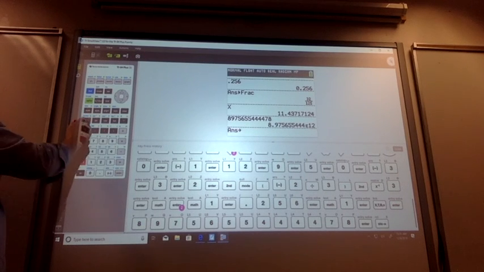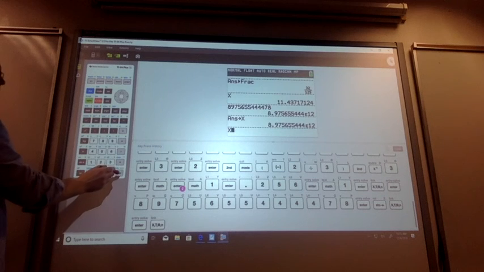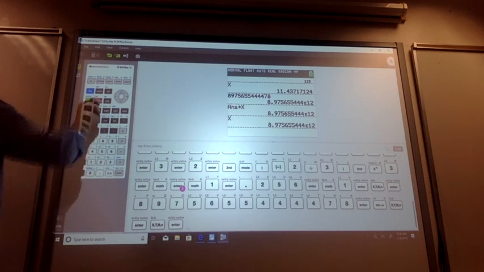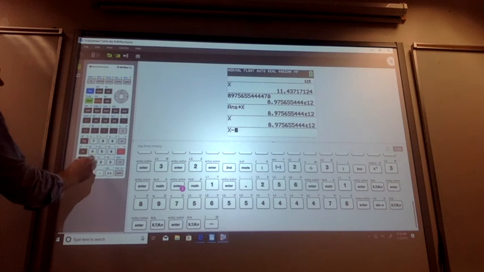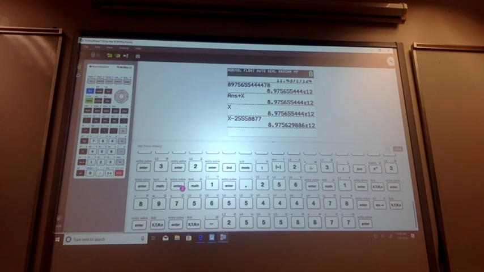I'm going to hit store x, and now when I hit x, it comes back up with what I made it equal to. But if you're graphing it, it's not looking at x as a value, it's looking at x as your variable. But if you just use it on the regular screen, so like if I want x subtract, it's whatever my x value was. Okay. All right. Back to page 18 and 19 and 20.